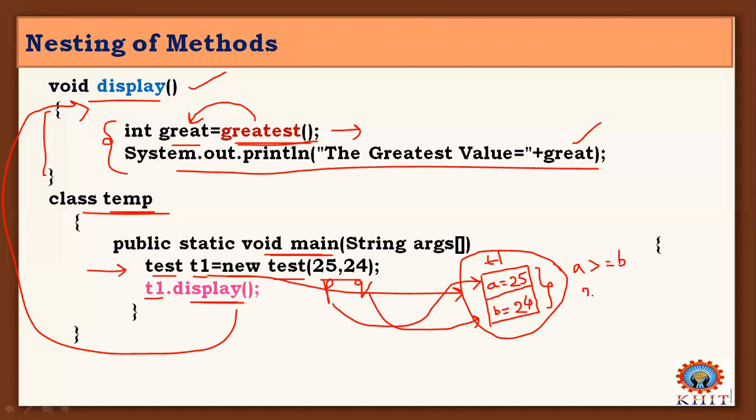Here A is 25 and B is 24, and this condition is true. True means it simply returns A, that is the greatest value. So A is copied into the variable great, which is 25. It simply displays on the screen like this, 25.